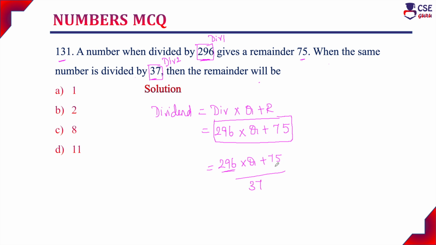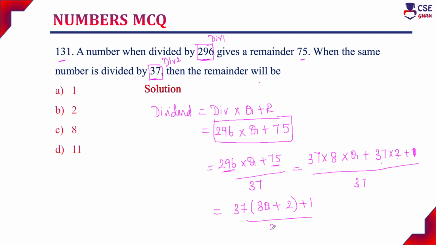So this we need to take in terms of 37. 37 into 8 times is 296, into quotient, plus 75 we will consider like 37 into 2, that is 74, plus 1, divided by 37.